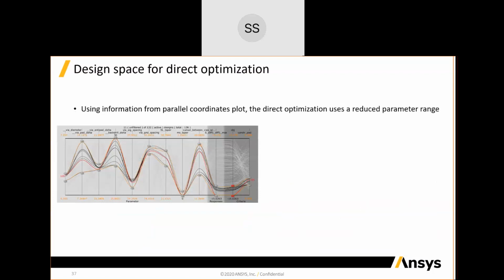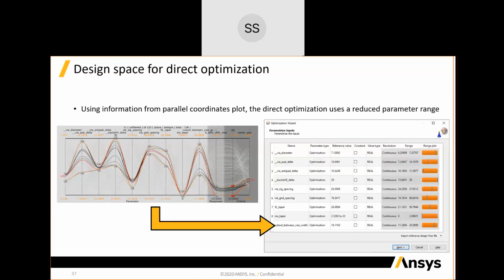We can use all the information that we had gained from the sensitivity analysis. If you think back to the parallel coordinates plot that I had shown earlier, we can take that information, import it, and use it as our design space. So now we're really limiting our ranges for each of the parameters in the most intelligent way possible, right?